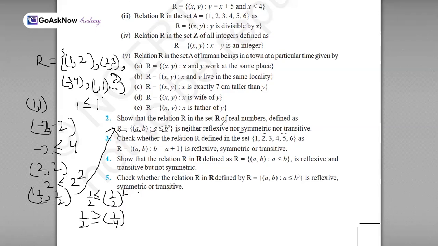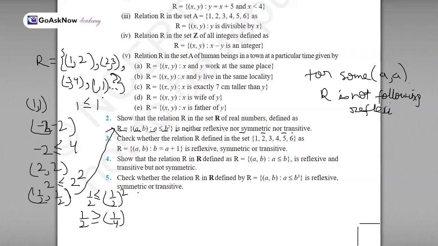So we can say that for some (a, a), this relation R is not following the reflexive pattern. Like for proper fractions, it is not following the reflexivity. So it is not reflexive. I have just proved it. So the first part is done, that it is not reflexive.